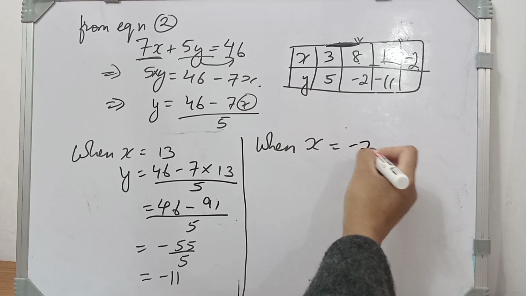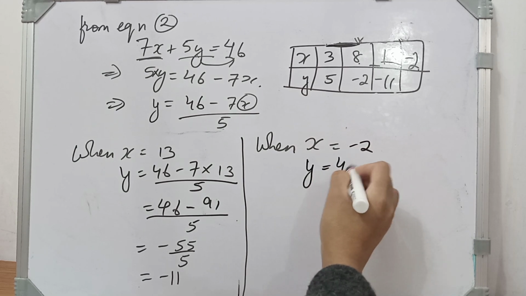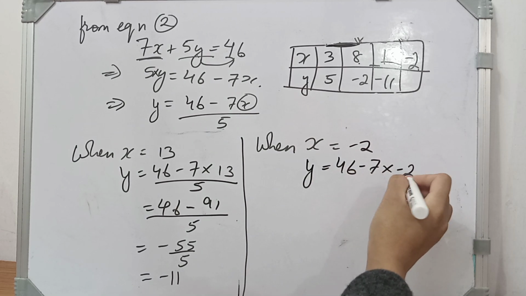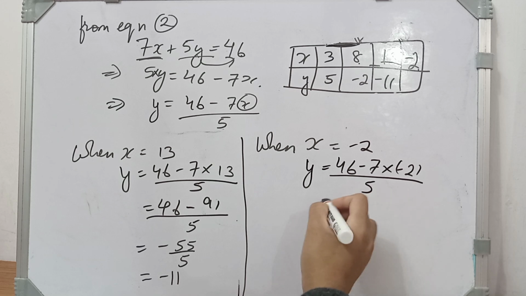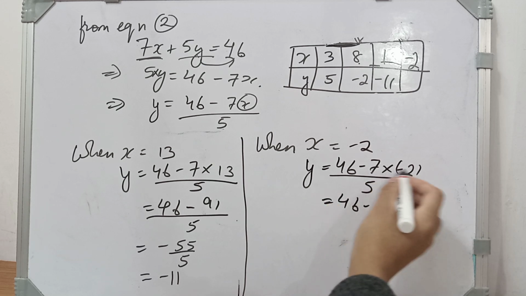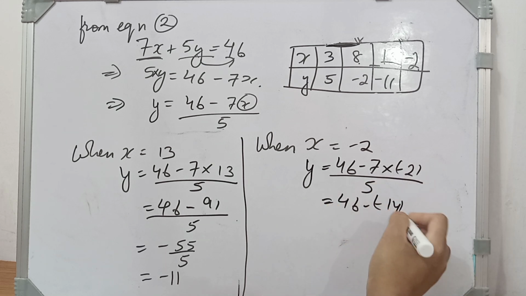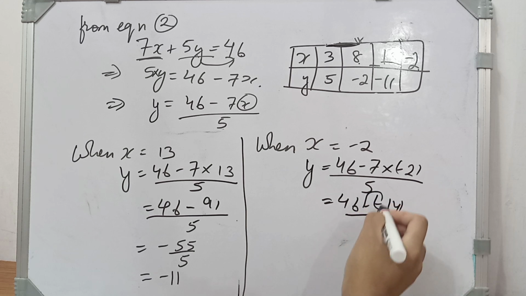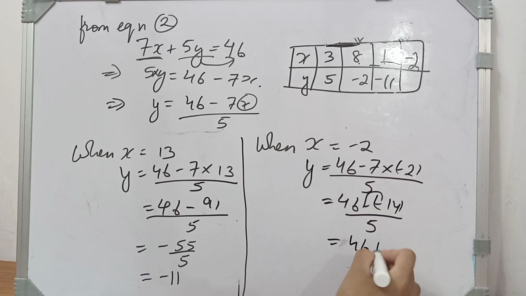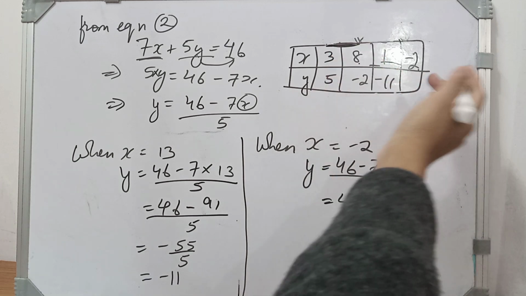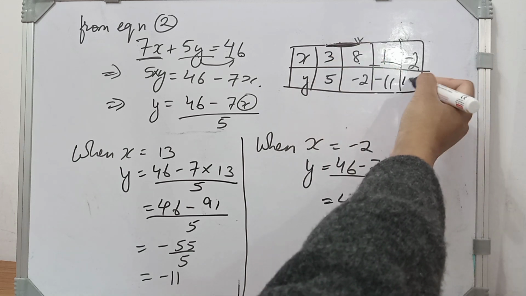When x is equal to minus 2, y is equal to 46 minus 7 into minus 2 divided by 5, which is 46 minus minus 14 divided by 5. Minus into minus gives plus, so 46 plus 14 divided by 5 is 60 divided by 5, which is 12. So when x is equal to minus 2, y is equal to 12.